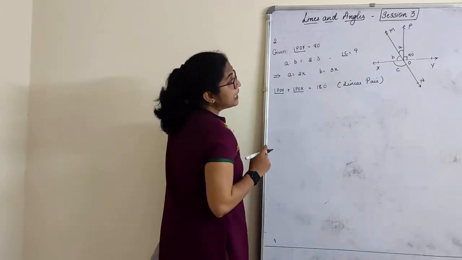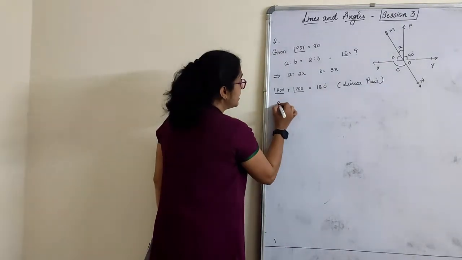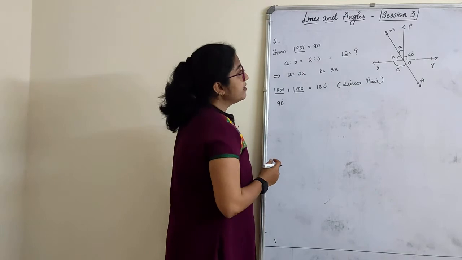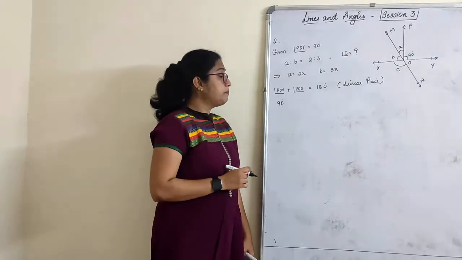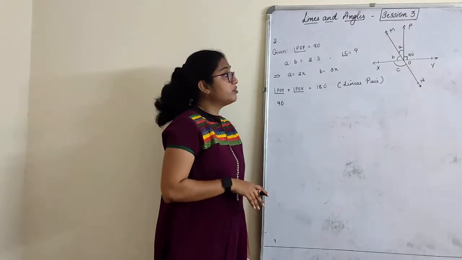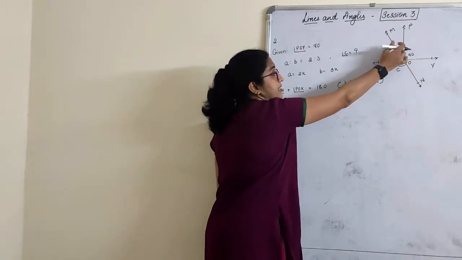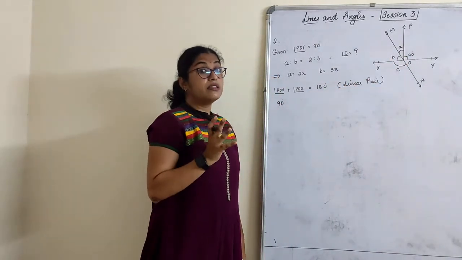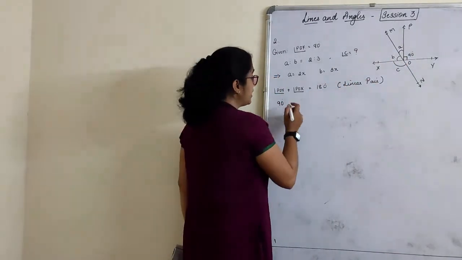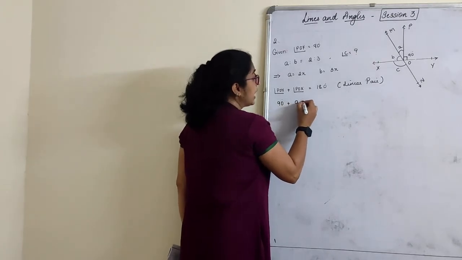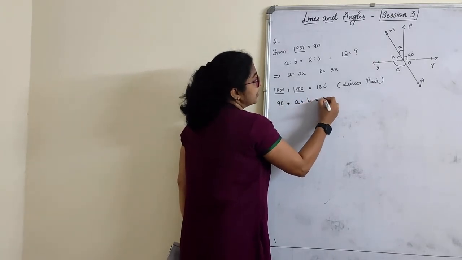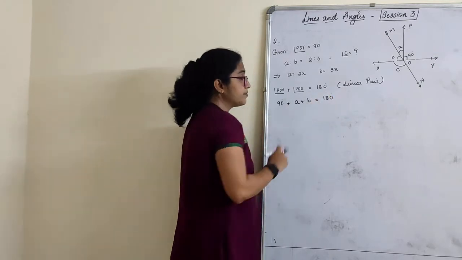So how do you write POY? POY is given as 90. Then what about POX? POX is also 90, right? We know that. Why? Because if this is 90, POX is also 90, but I am not concerned about POX now. POX is written as A plus B is equal to 180.